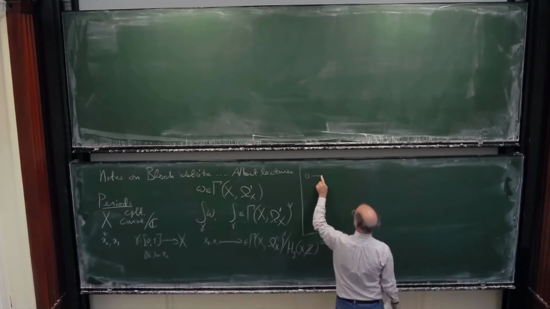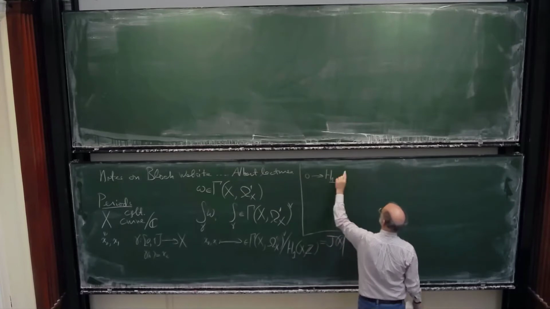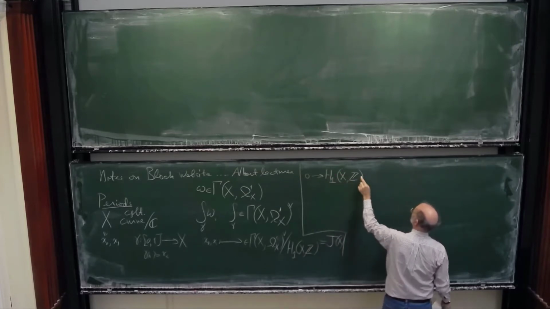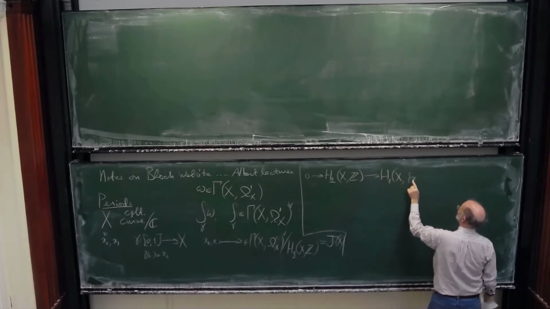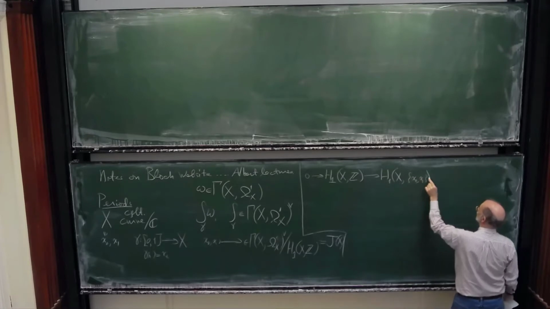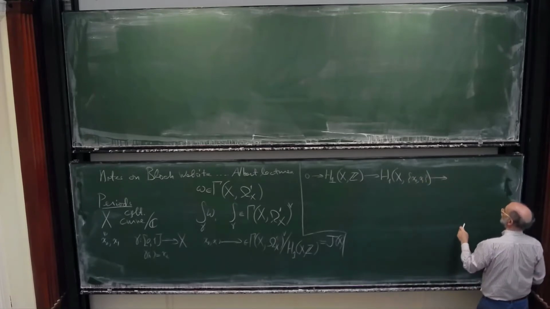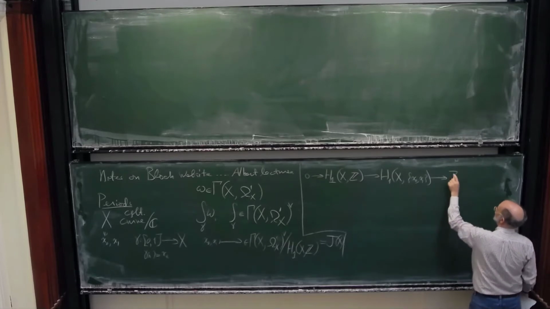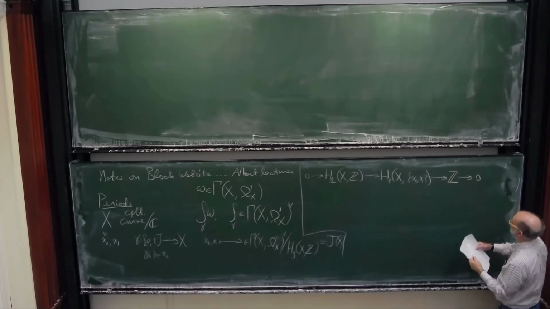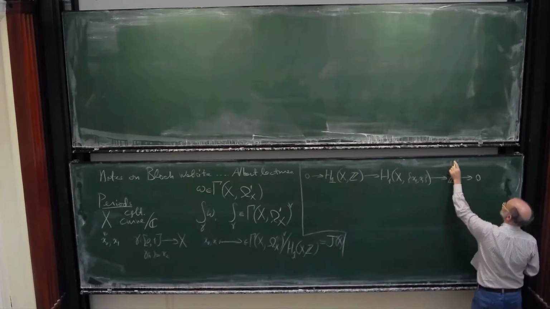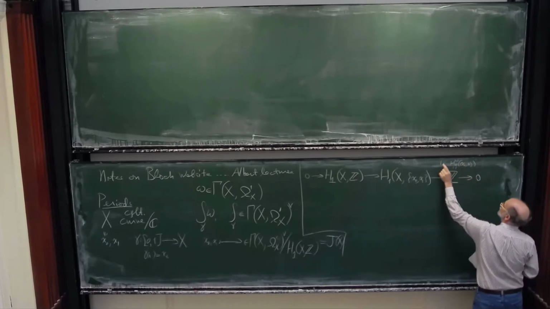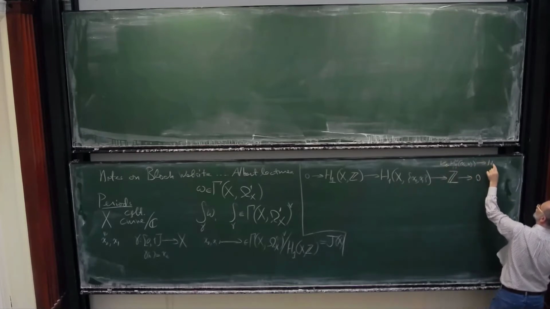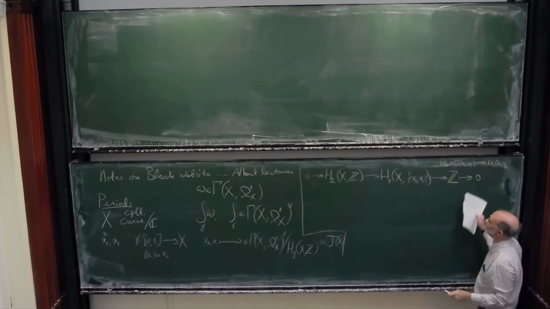You write down in terms of homology: the homology of X, Z, and then the homology of X relative to the 2 points, and then H0, more precisely the kernel of H0 of the 2 points x0, x1 to H0, so it's just one copy of Z.